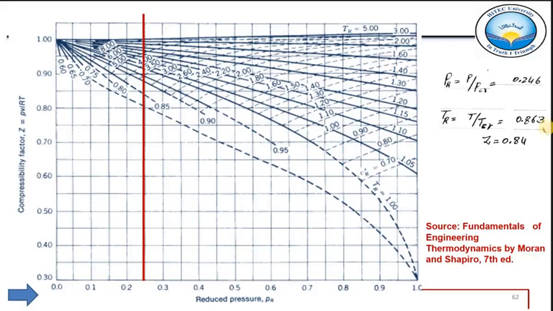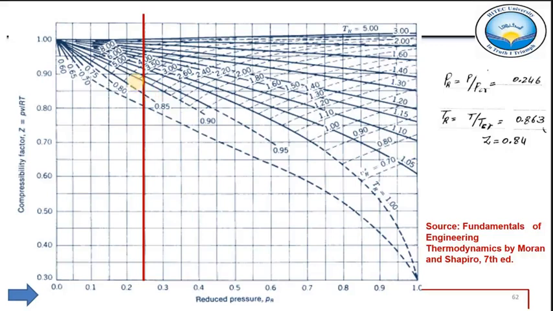So our desired line is 0.863. This is 0.8, 0.85, and this is 0.9. So 0.863 will be somewhere between the 0.85 and 0.90 lines. You can imagine there will be 0.86, 87, 88, 89 and 0.9. So 0.86 is somewhere here.